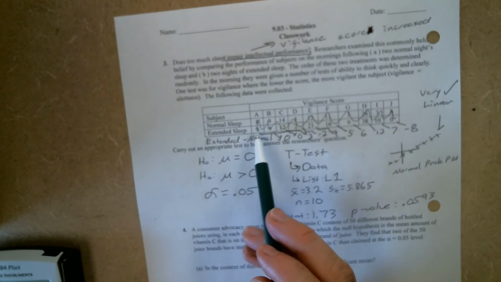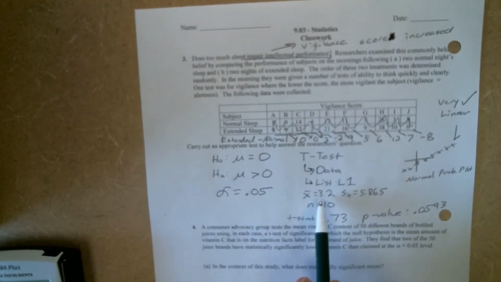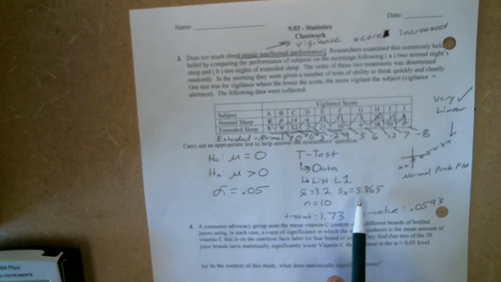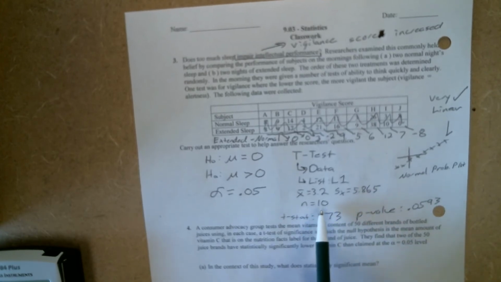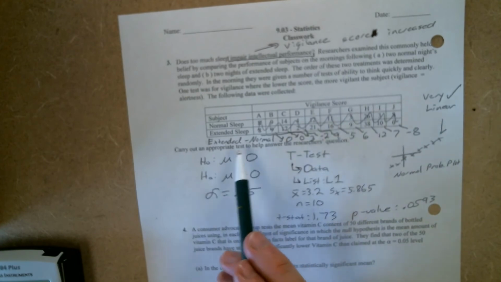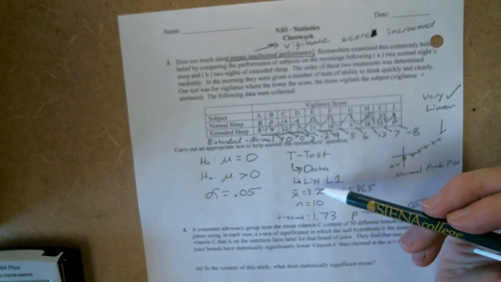All right. So based on this result, this is basically saying, hey, you looked at the average difference between extended and normal sleep. You got an average of 3.2, but it had a standard deviation of 5.865. So given that your sample size was 10, if we assume that there's no difference, there was almost a 6% chance of getting a result similar to this, all right?